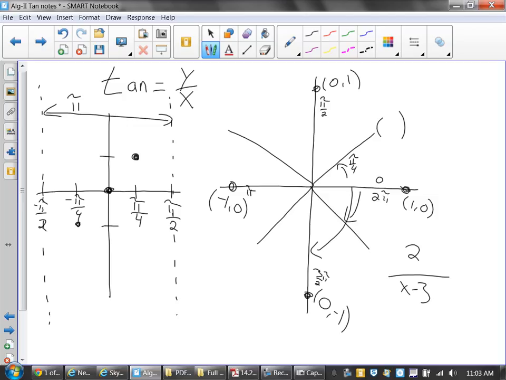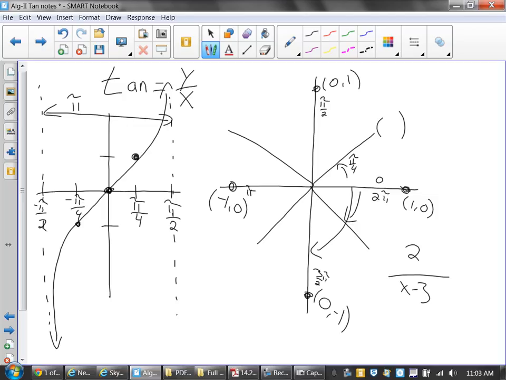What is happening to the graph as you're going from left to right? Very good. It's increasing. So what tangent does, it increases from negative infinity to positive infinity between negative pi over 2 and pi over 2. Every single tangent graph looks like that. The period of every single tangent graph is always pi.